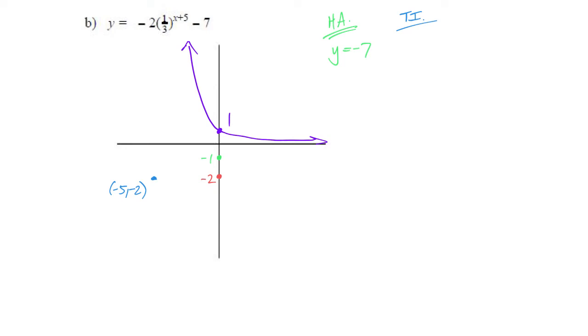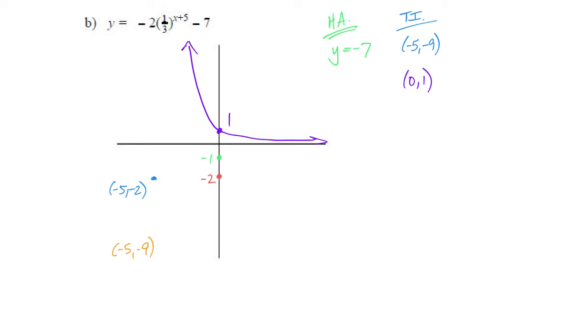And I need to shift that down 7. So I would be at -5, -9. There should be the location of your transformed intercept. I'm going to jot that in. There we go.